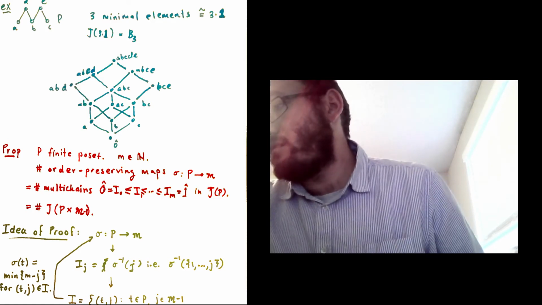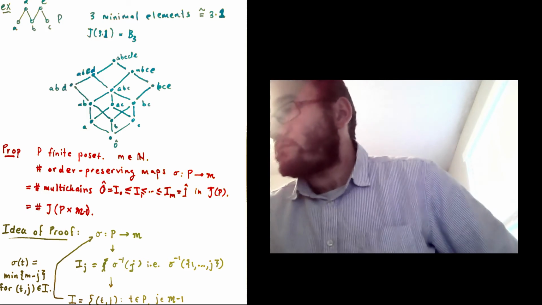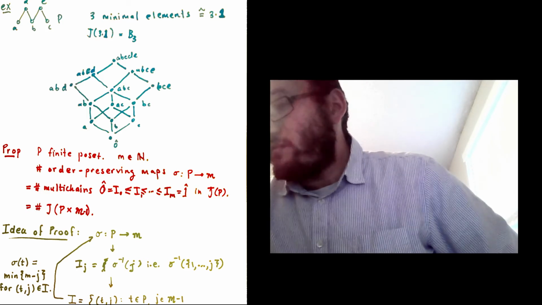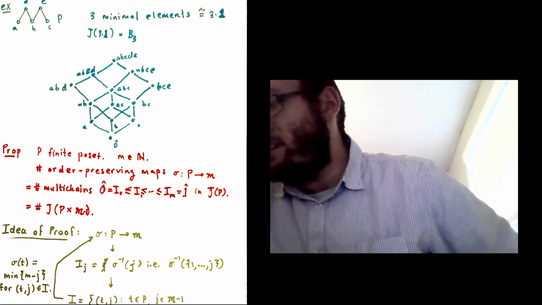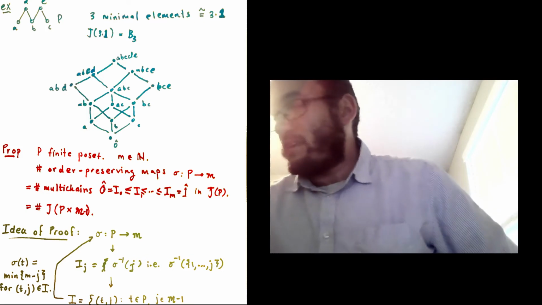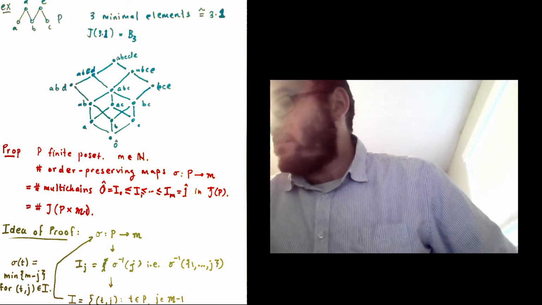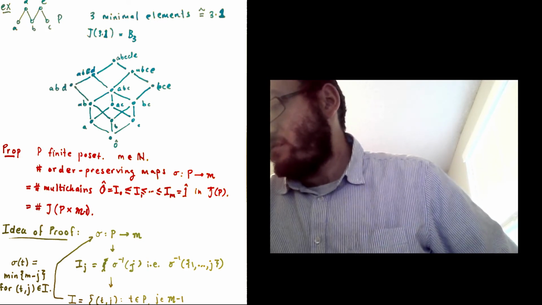This is representing a chain of size 1. So J of 3 times 1, by what we just said, is the Boolean lattice on 3 elements. So we can start by building the Boolean lattice on 3 elements.